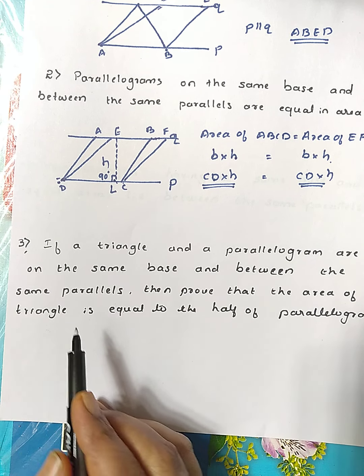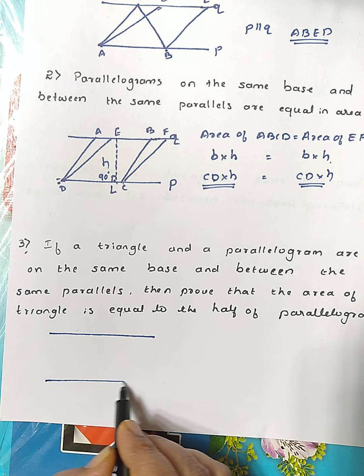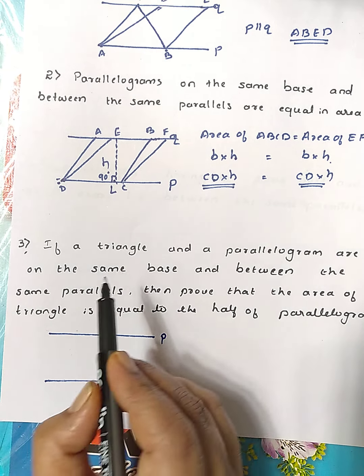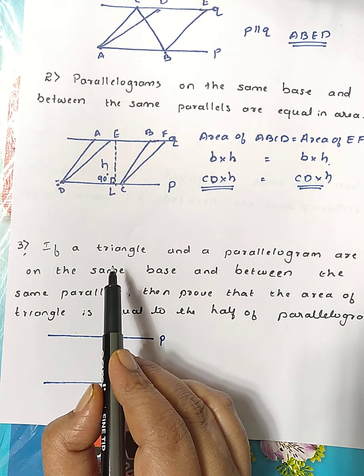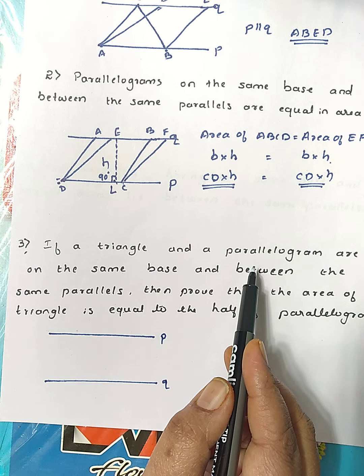See here also there are two parallel lines, that is P and Q here. And there are two figures between the two parallels, one is a triangle and another is a parallelogram.